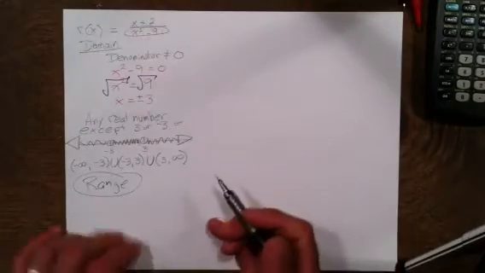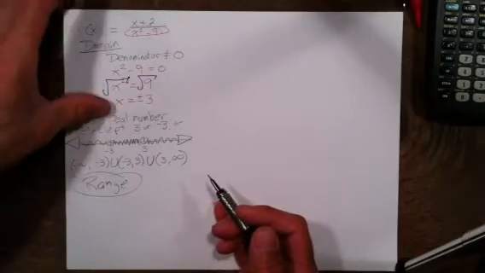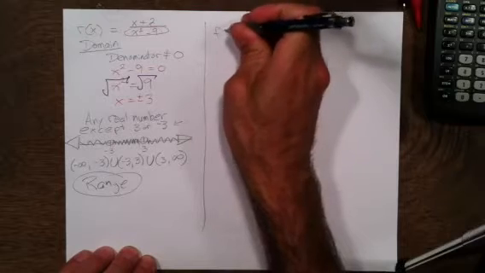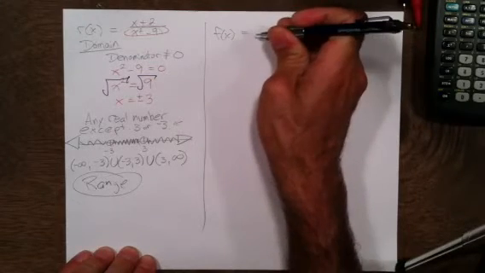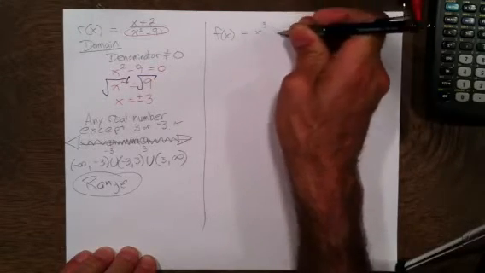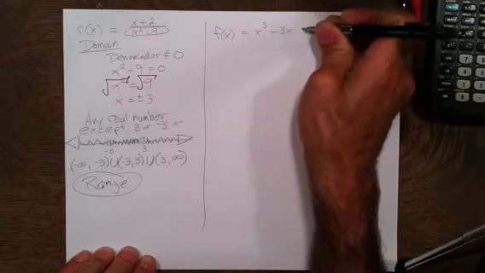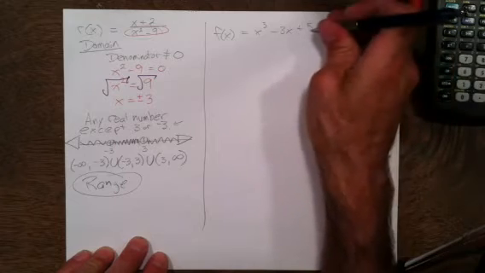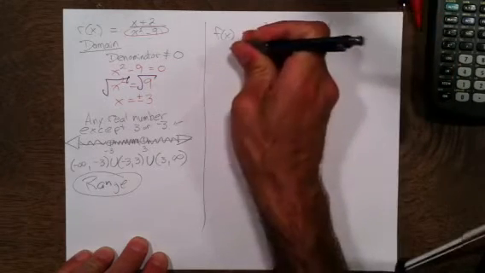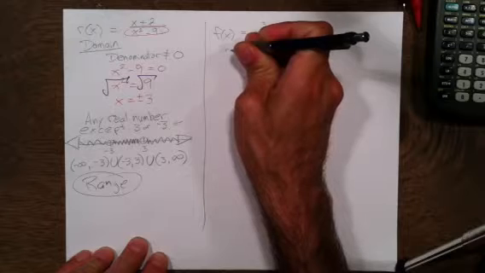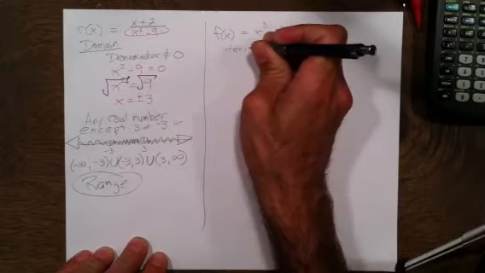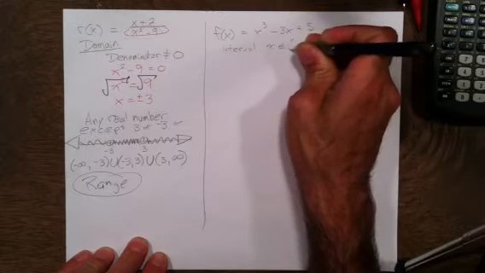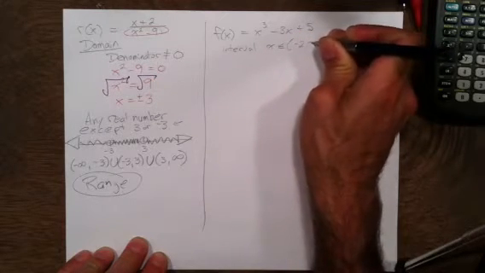All right, let's try another function. How about f of x equals x cubed minus 3x plus 5, and we want to examine this on a calculator on the interval where x is in negative 2 to 2.